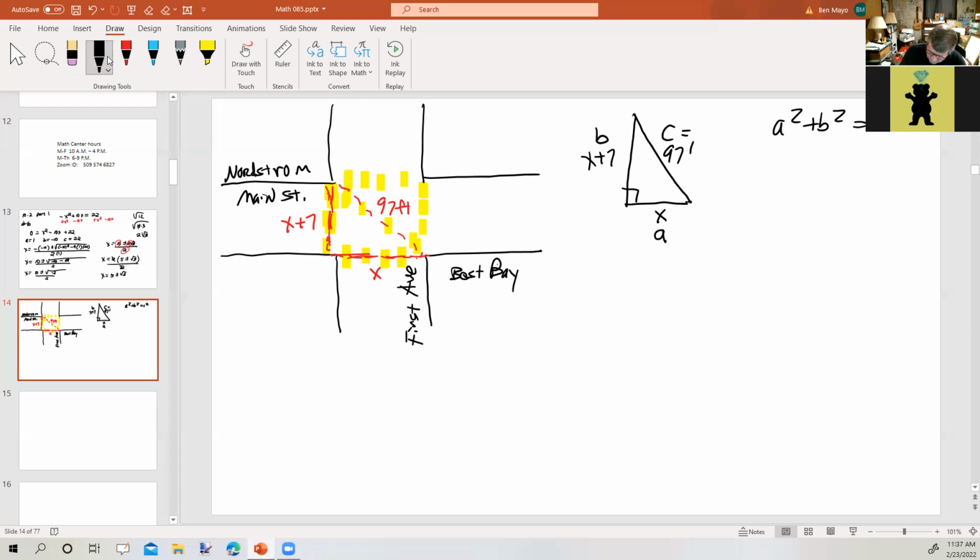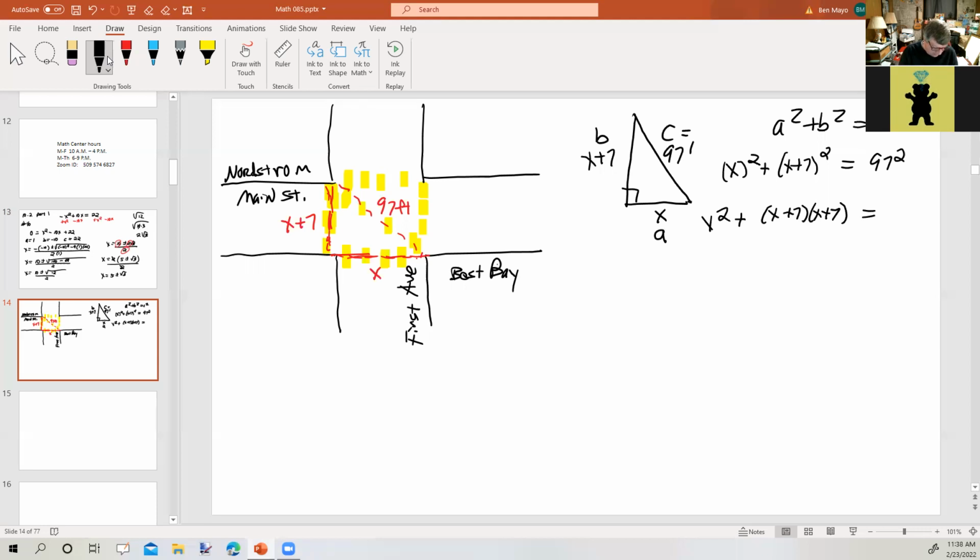Okay, so from that we get the following: x squared plus the quantity x plus 7 squared equals 97 squared.